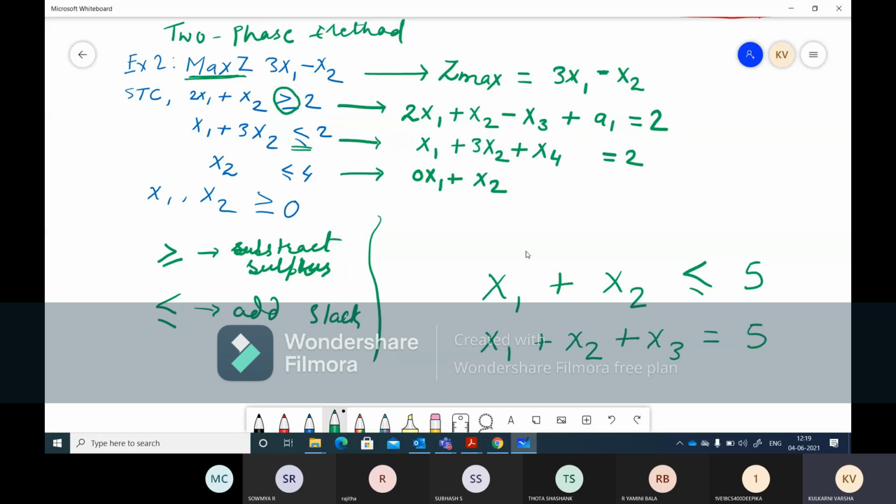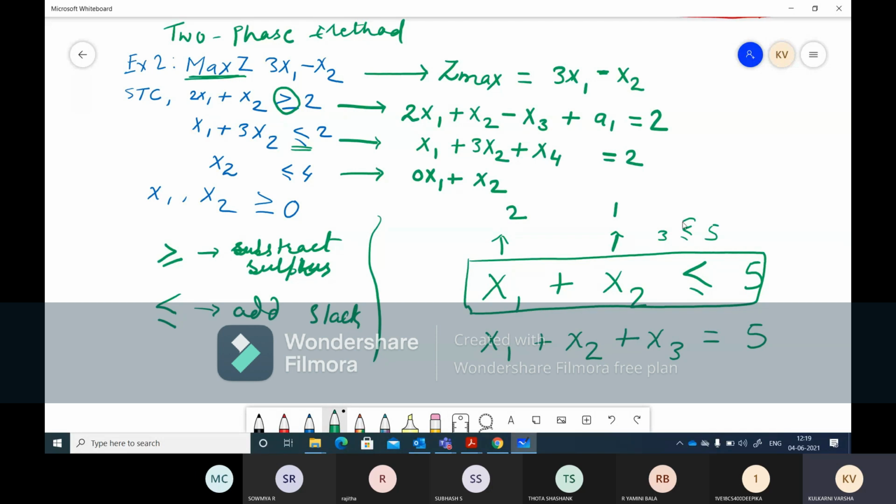Suppose in this equation the value of x1 is 2 and the value of x2 is 1. So 2 plus 1 is 3, and 3 is less than or equal to 5. The condition is maintained, the constraint is satisfied.